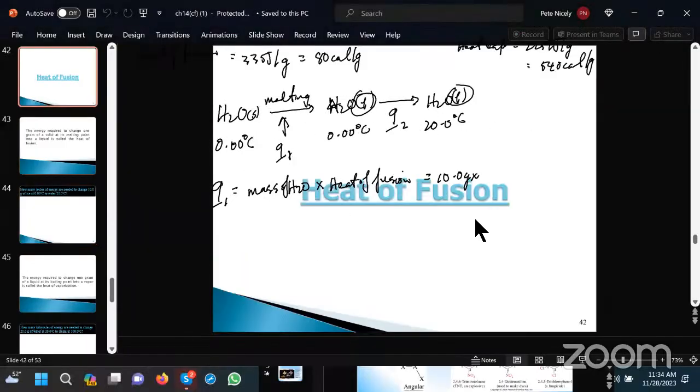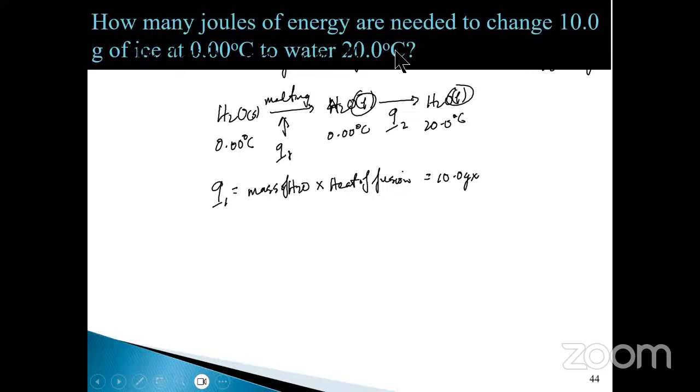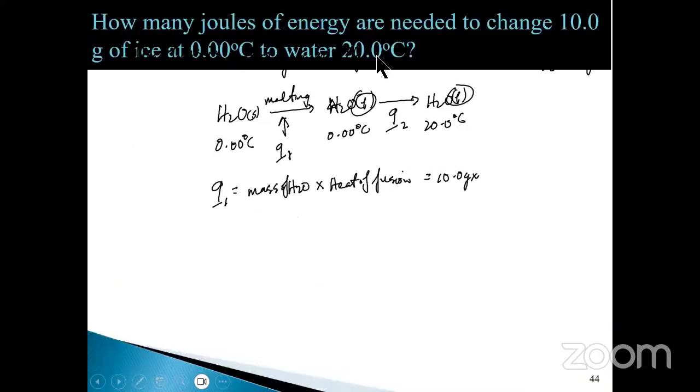Okay, 335 joules per gram. So that works out to be 3350 joules. That's for the melting part.